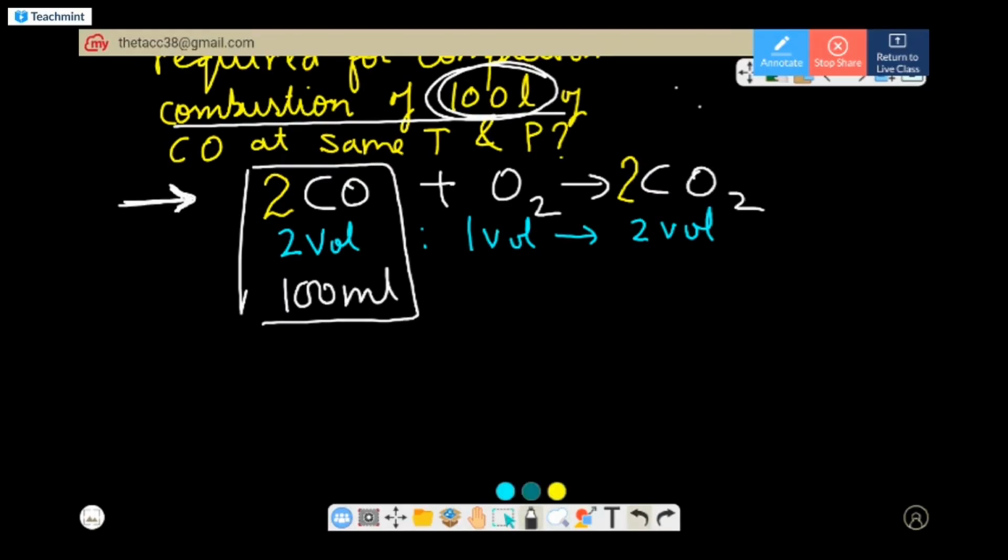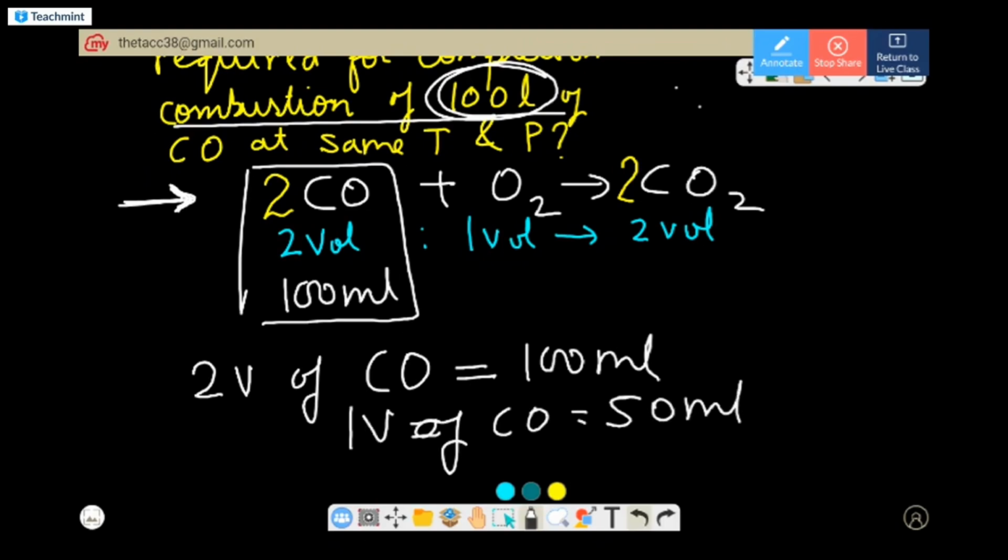So 2 volumes of carbon monoxide is equal to how much? It's 100 ml given to us. 2 volumes is representing 100 ml. So 1 volume will be how much? Correct, 1 volume is representing 50. So wherever you find 1 volume in your ratio, it is equal to 50.